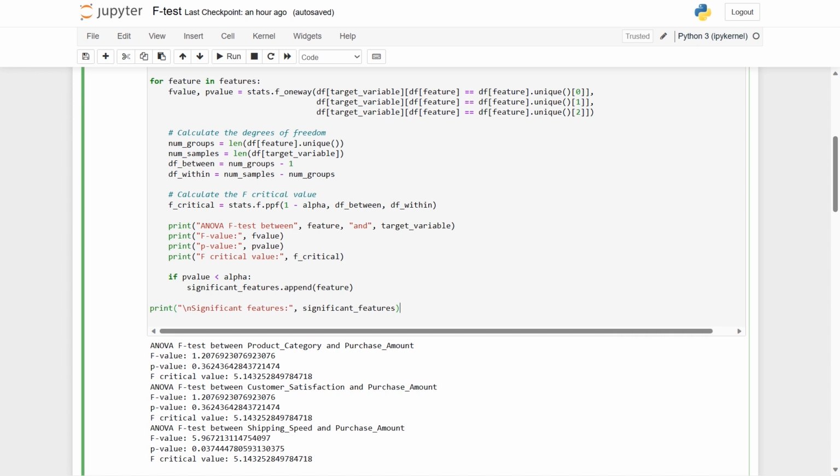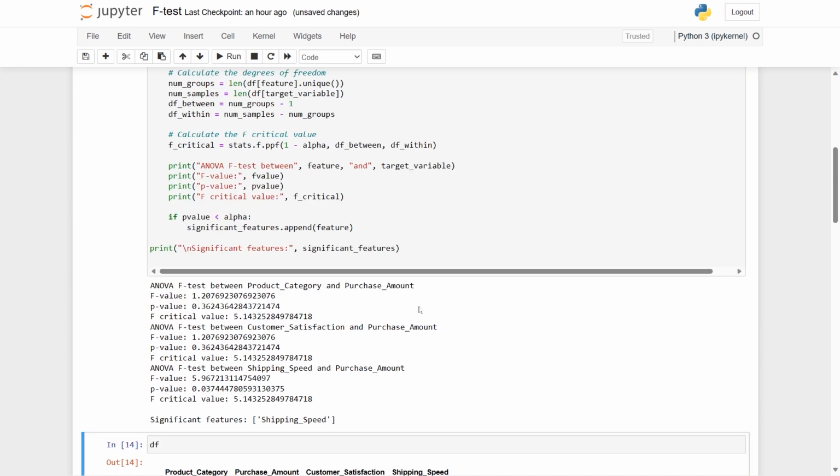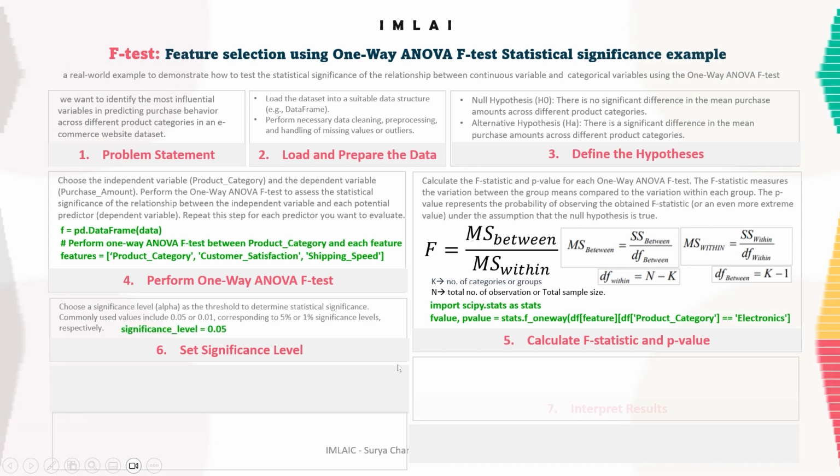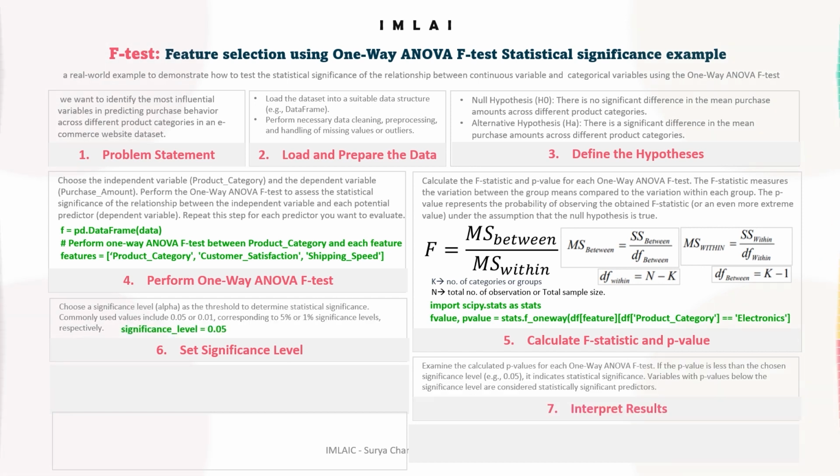Let me execute and see. And here it is. All set, all done. Now it's time to interpret the results. We examine the calculated p-values for each one-way ANOVA F-test. If the p-value is less than the chosen significance level, it indicates statistical significance.